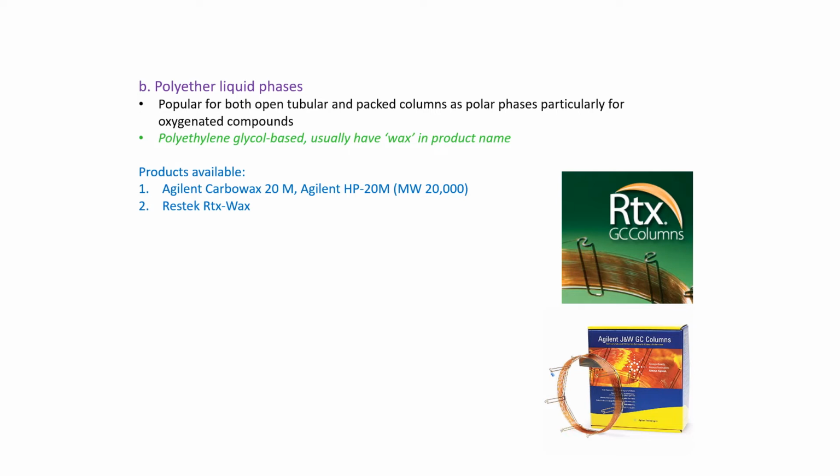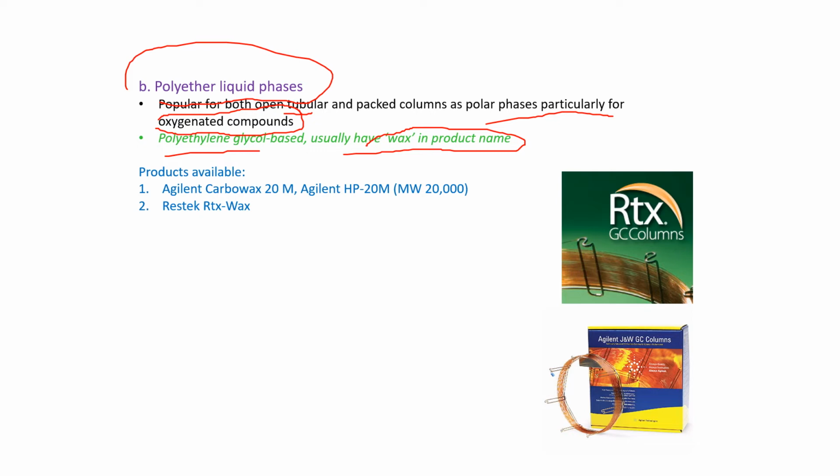Okay, another one is polyether liquid phase, popular for both open tubular and packed column, whereby this polar phase is used for separating oxygenated compounds such as alcohol. This polyether liquid phase usually has a wax name, because polyethylene glycol is literally like a wax.